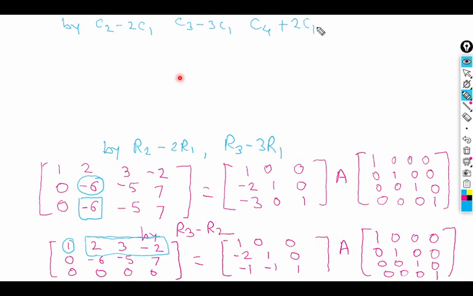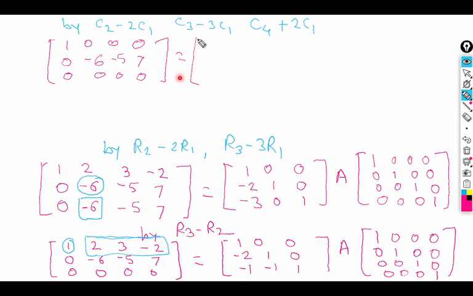So these are the column transformations we require, and the matrix will become now 1 triple zeros, 0 minus 6 minus 5 7 0 0 0 0. So this is the change that we have in the LHS.